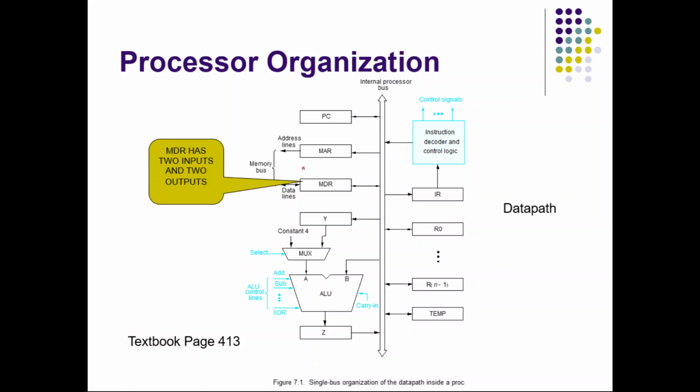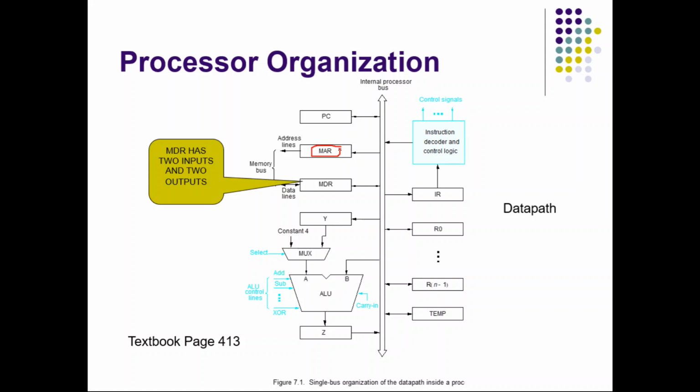MAR will hold the address of the memory location from which the next instruction is to be read. Not only for reading the next instruction, but also where some data or content should be written will be stored in MAR.